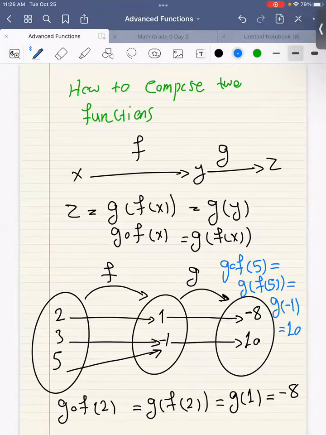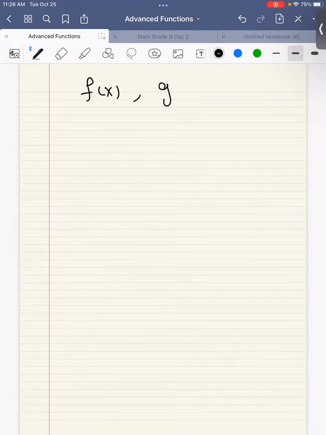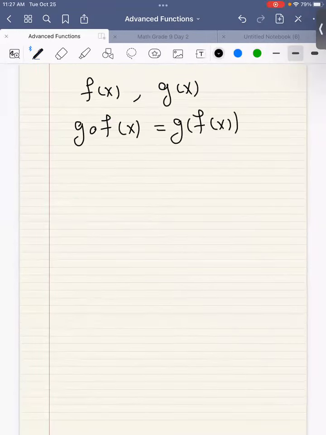So in general, if you have two functions like f of x and g of x, we can combine them and define the new function, say g o f, which by definition is equal to g of f of x. We can also do f o g, but remember that these two are not equal to each other.